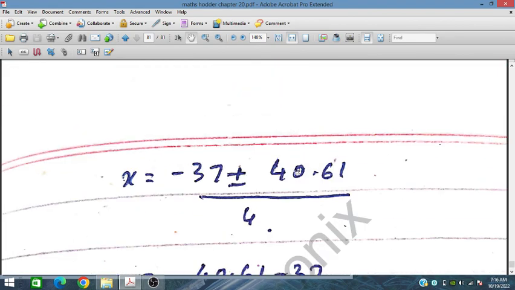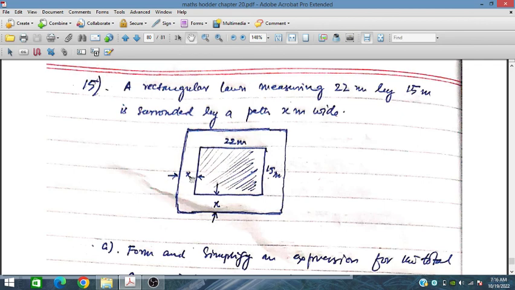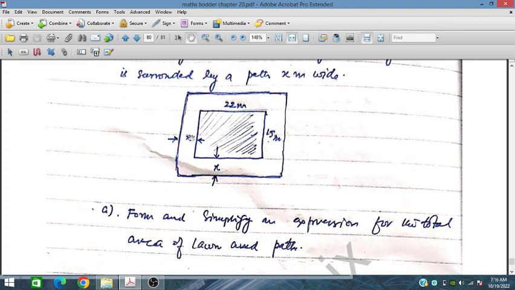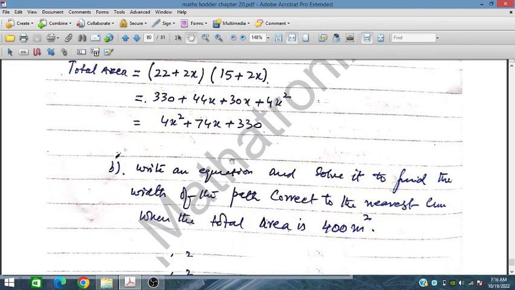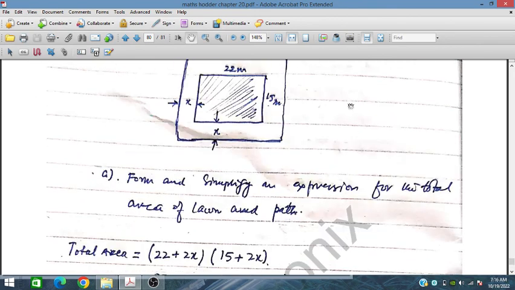This footpath is 0.9 meter, less than 1 meter on all sides. So if we take 0.9 meters on all sides of the footpath, then we have this area equal to 400 meters. This is a very important and very practical problem.